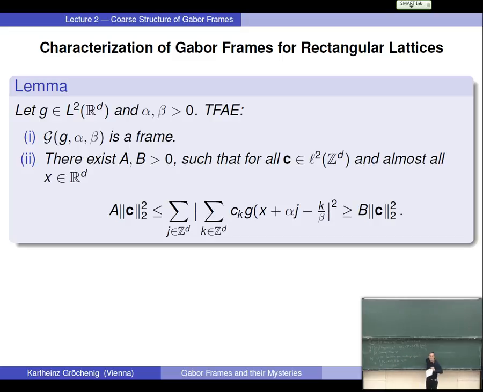In a way it looks like a technical condition, but as soon as time frequency shifts, these two operators, are treated democratically, whenever you try to make conditions as general as possible, you will find this condition.